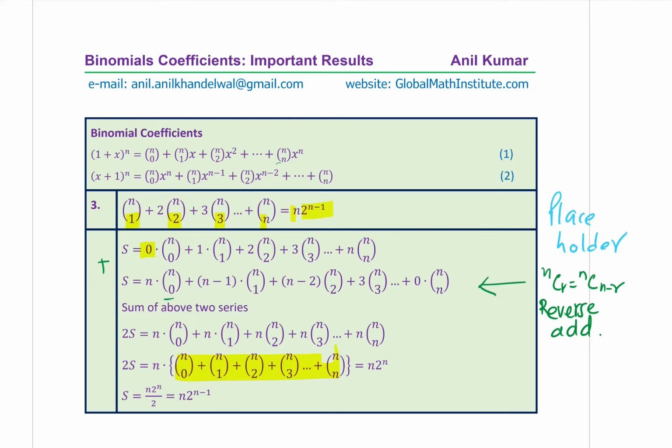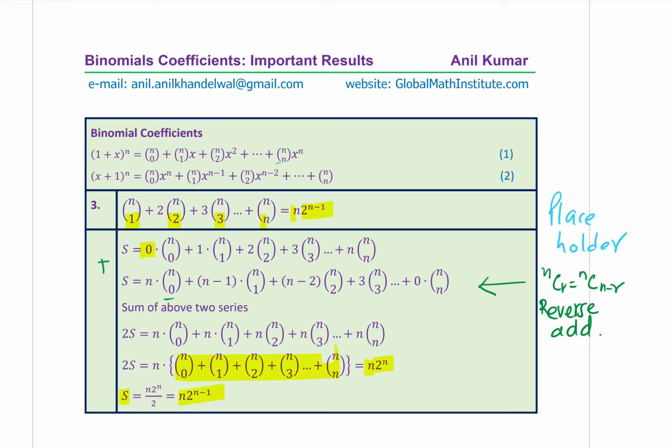You get the idea, right? So what we did here was we clubbed it as such, and what we got is a series whose sum is known to us as 2 to the power of n. Therefore we can write this as 2S equals n times 2 to the power of n, and S will be divided by 2, so n times 2 to the power of n.